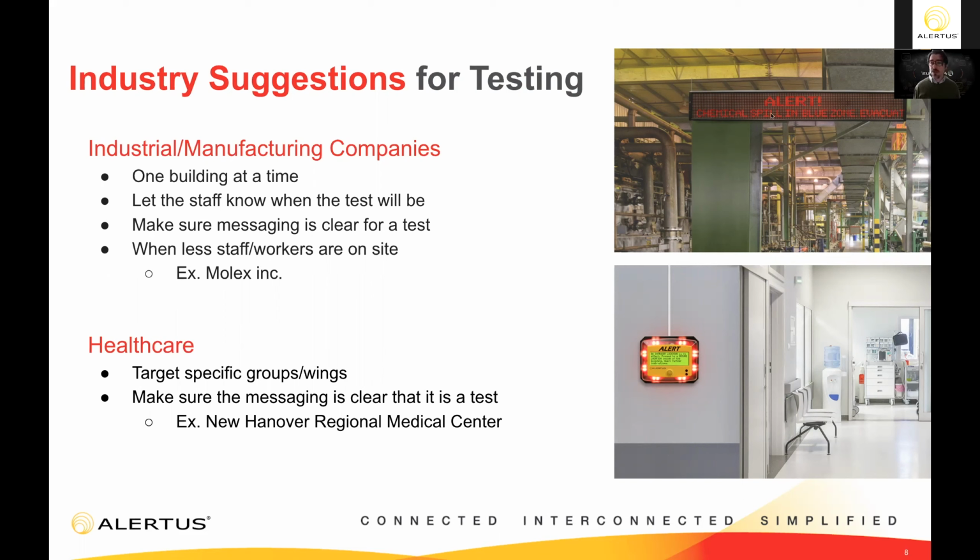So you'll notice that we have different alerting methodologies as well. We always think about alerting in two different ways: the visual cues and the audible cues. We know not everybody hears things the same way or sees things the same way, so making sure that we have both of those endpoints covered is really important. And so in these big industrial facilities like you see here, having the big visual cues.